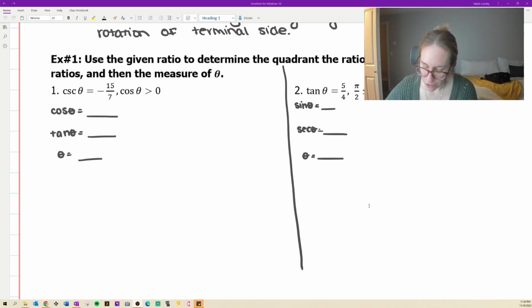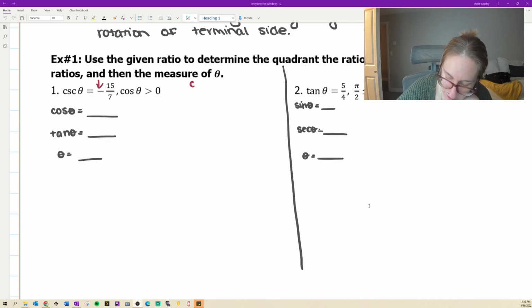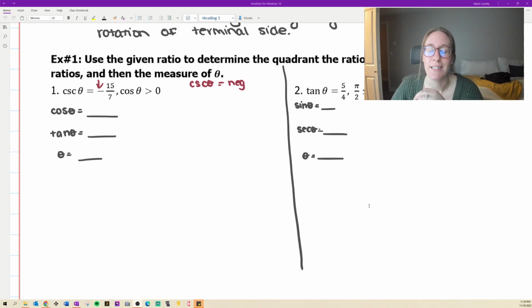Okay. So first off, we're going to use our clues. So the first thing they tell me is that cosecant is negative. Cosecant is negative when sine is negative, which only happens in quadrants 3 and 4. So I know that I am either in quad 3 or 4. All right, that's based on the cosecant piece.